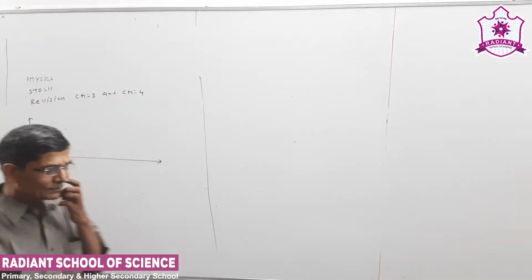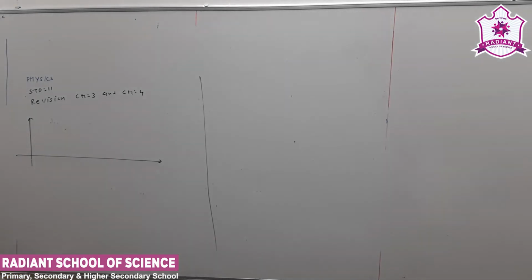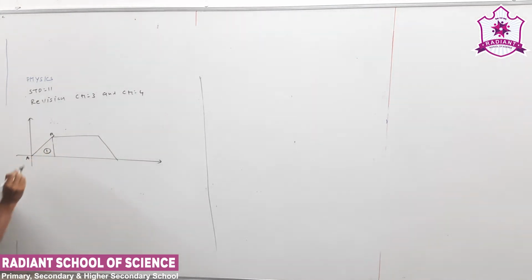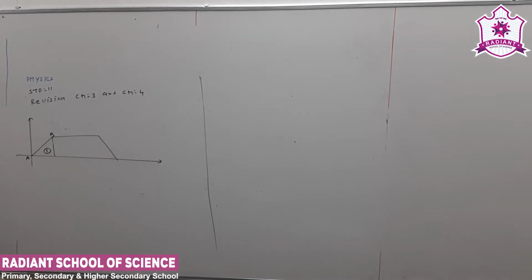Now let us say a train travels between two stations A and B. The first part, it travels with a uniform acceleration for time t1, and that 20 kilometer distance it covers with the uniform acceleration.